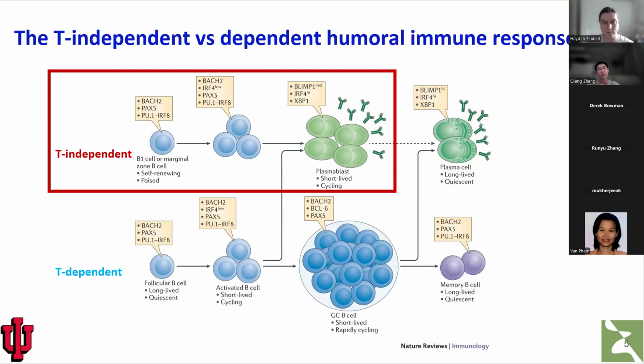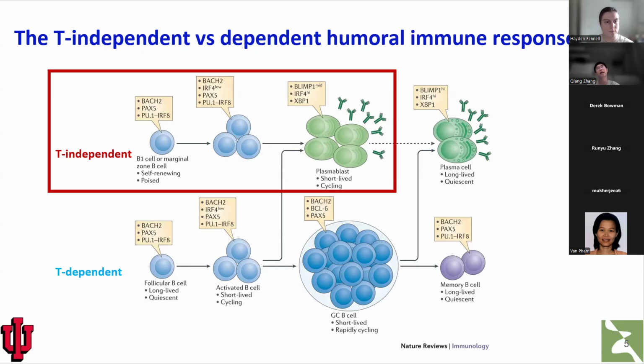As a result, these B cells will be transiently activated and then eventually terminally differentiate into short-lived plasmablasts or plasma cells, and those are the ones secreting the IgM antibodies you see early on. Okay, and this happens within probably 3 to 5 days after the infection happens.